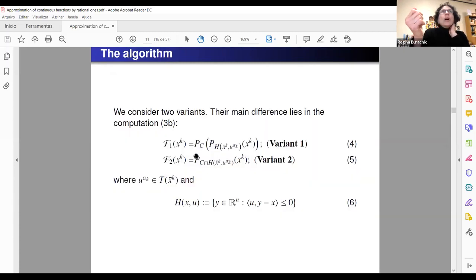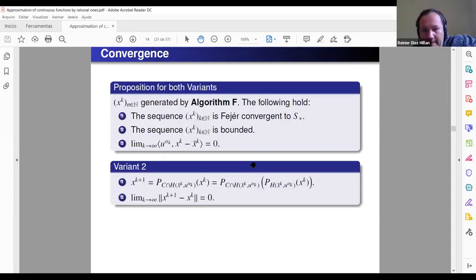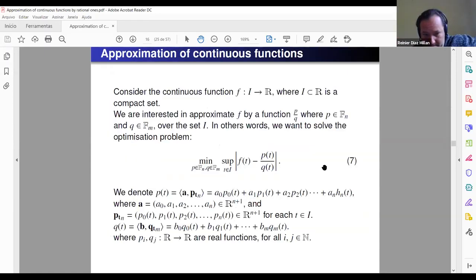In equation 7, the supremum you have there is the infinity norm of the difference f minus p over q, and you are computing this for every p and q in those sets.